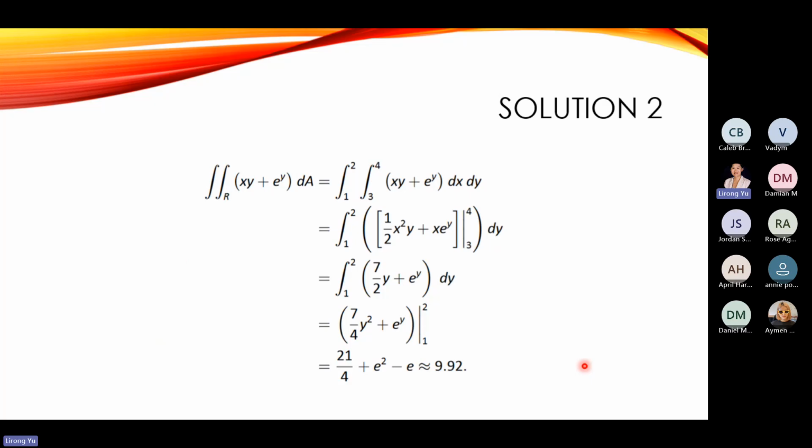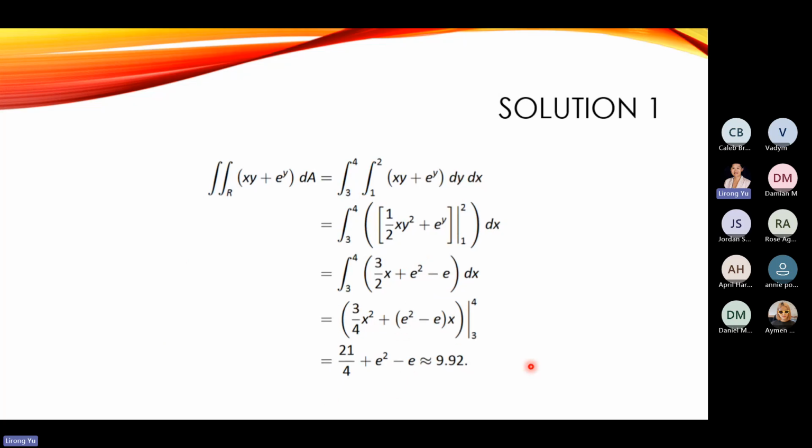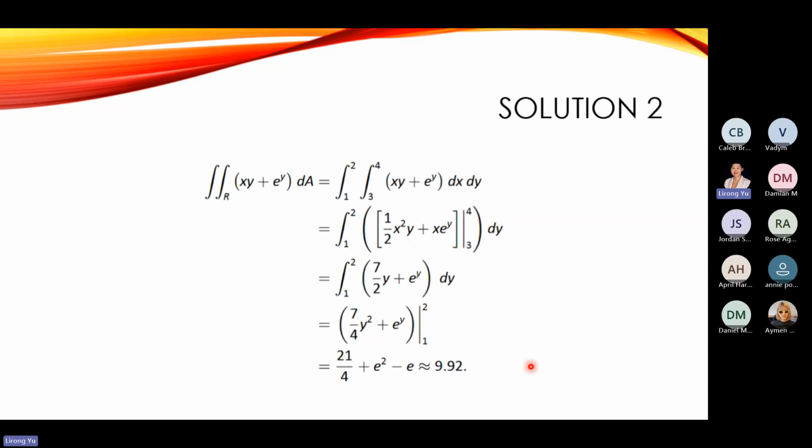As you're integrating the inside, xy gives x squared over 2, and integrating e to the y gives e to the y times x, because e to the y will be a number. Then we plug in 3 and 4, and we find the antiderivative. Integrate the y, we have y squared over 2. Integrate e to the y, plugging in upper limit, lower limit, you will get the same answer. So either method presents a different process, but the final number will be the same.